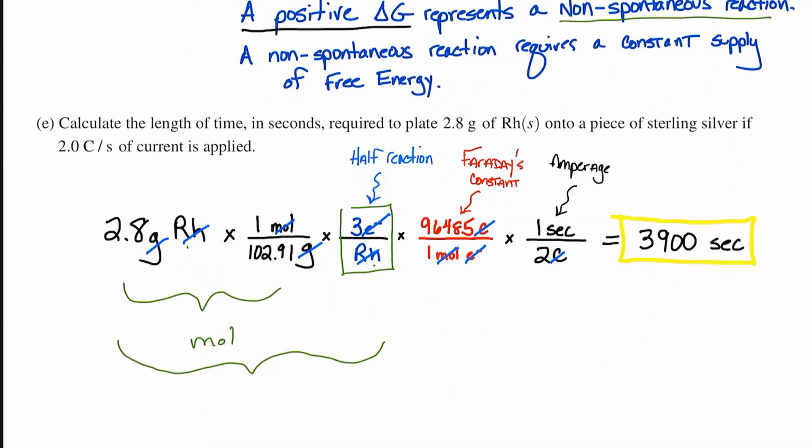Now I have moles of electrons. Multiplying by Faraday's constant, I get the total charge of the electrons. Now, using the ratio from the amperage, I want to get rid of coulombs, and there are 2 coulombs per second in the amperage when they measured it, and I get total time.